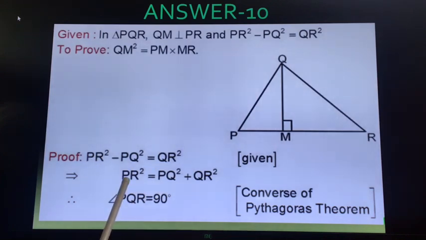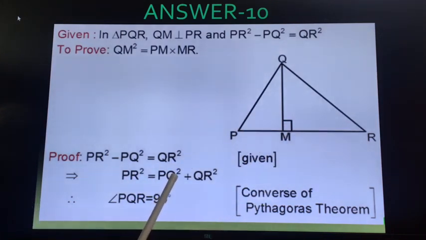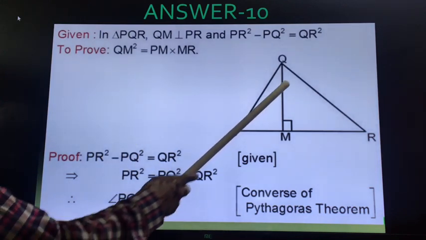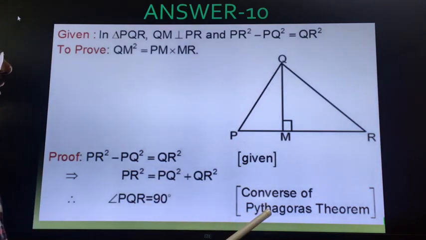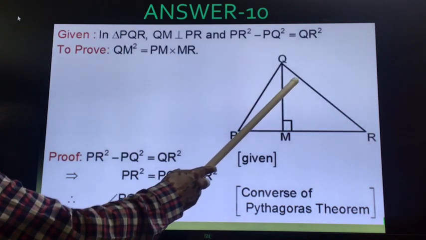So PR square is equal to PQ square, you will transfer to right side, so PQ square plus QR square, and this is proving that by converse of Pythagoras theorem, because square of one side is equal to sum of the square of two sides, therefore this will be a right triangle. So angle PQR will be 90 degree by converse of Pythagoras theorem. So we have proved this angle is 90 degree.